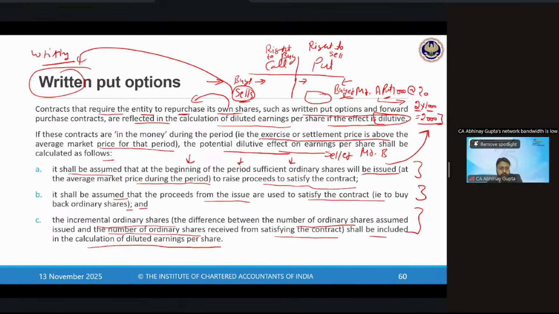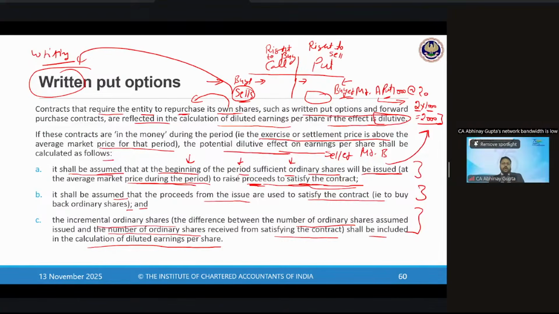A, it shall be assumed that at the beginning of the period, sufficient ordinary shares will be issued at the average market price to raise the proceeds equivalent to satisfy the contractual obligation, right? So how much contractual obligation did the company have in the example? 1600 rupees, to satisfy the contractual obligation.